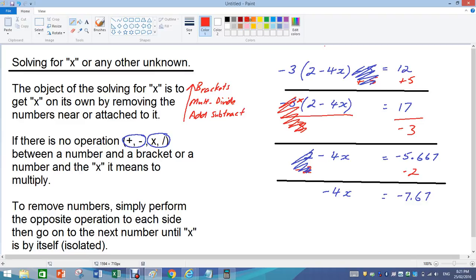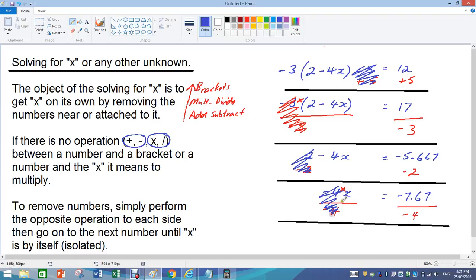Last step now. We need to remove the minus 4. But because it's attached to the x, that means minus 4 times x. Opposite of times is divide. So we divide by minus 4. And divide by minus 4 over on the right side. So then finally, negative 4 over negative 4 is 1.